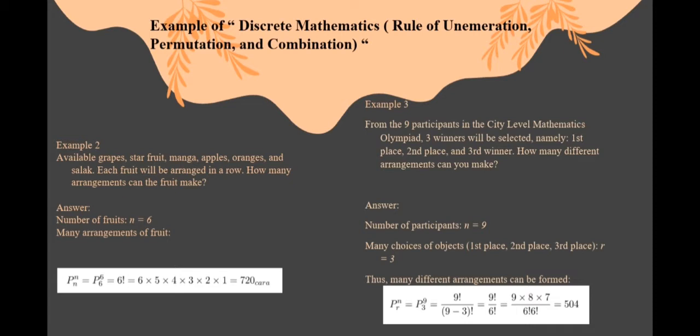Thus, the number of different arrangements is r permutation from n, which is 3 permutation from 9 equals 9 factorial over 9 minus 3 factorial equals 9 factorial over 6 factorial equals 9 times 8 times 7 times 6 factorial over 6 factorial equals 504 ways.